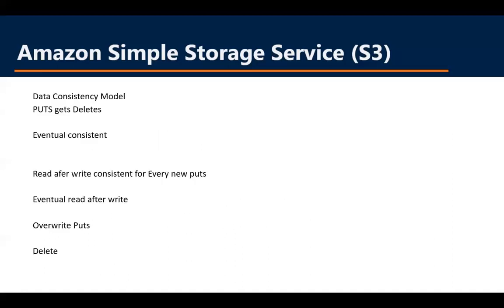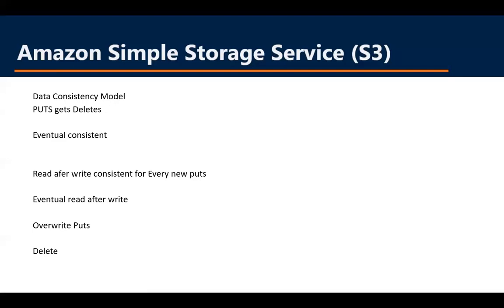Next, the most important part. I will go through this theoretically, but we need to go through it practically in order to understand the data consistency model of S3. For every new put that we make, read-after-write consistency is there, and the rest are eventual consistency.